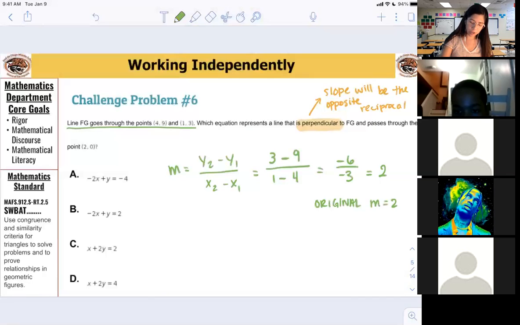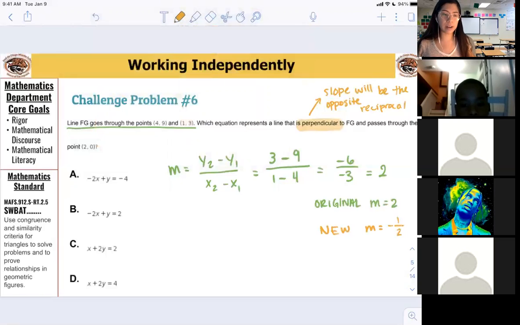What do we want our new slope to be? I'm looking for the opposite reciprocal. What is the opposite reciprocal of +2? -2. No, isn't it -1/2? Yeah, -1/2, because remember, reciprocal flips.